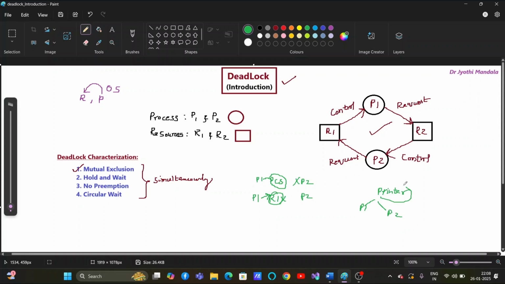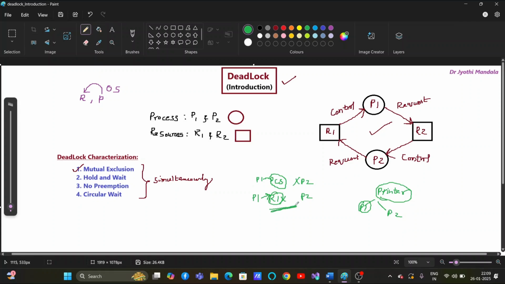That means the printer is not shareable. Once the printer work is done by process P1, only then it has to be given to process P2. Got it? This is mutual exclusion. One after the other, the resources have to be allocated.